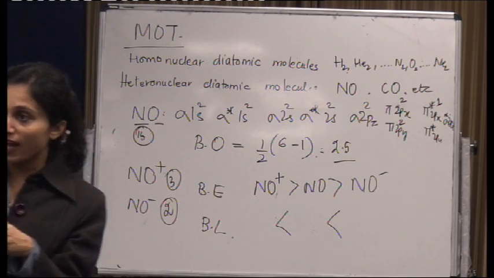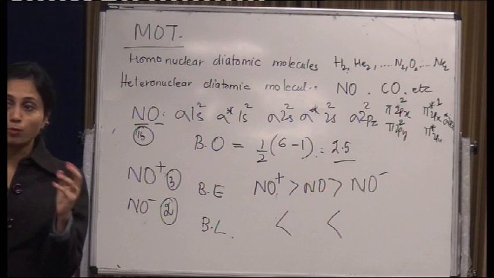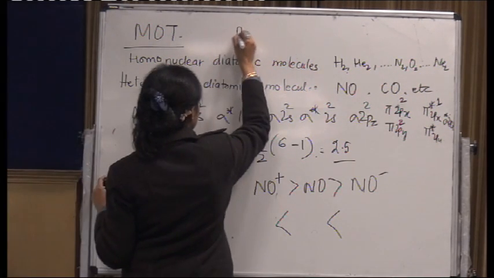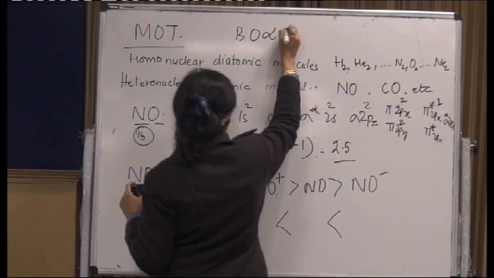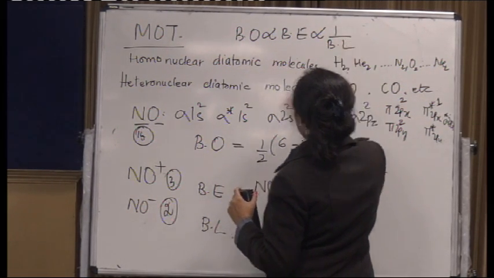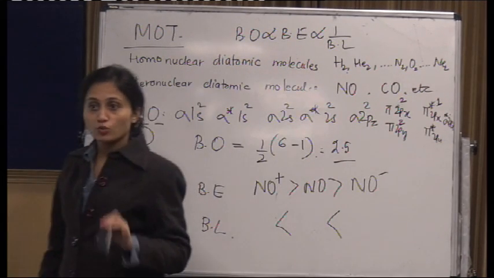Then bond length will be the reverse order, because this is what we had done even in the last class, that bond order is directly proportional to bond energy and inversely proportional to bond length. So this is something that you have to remember.